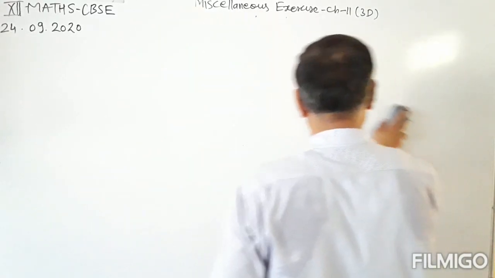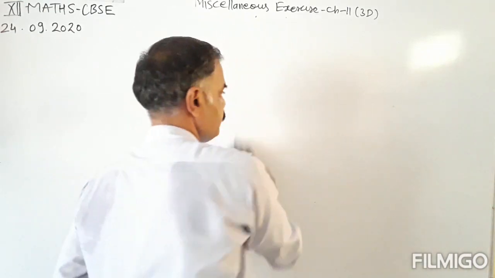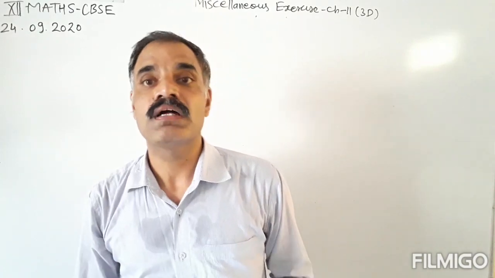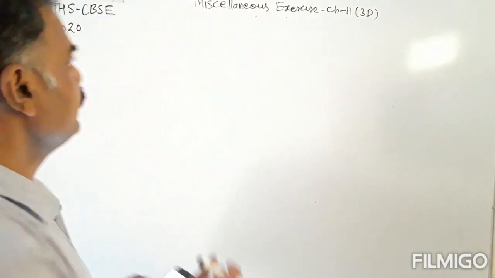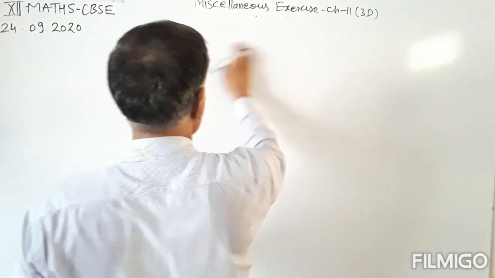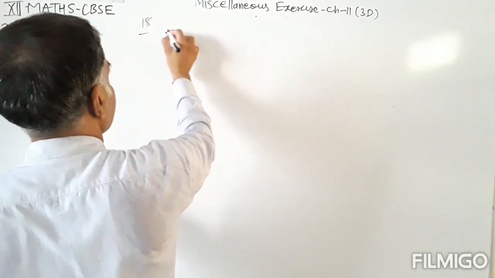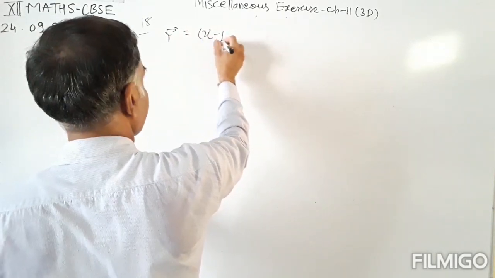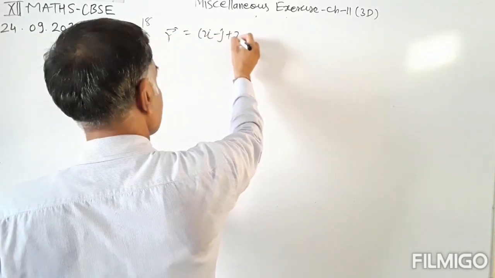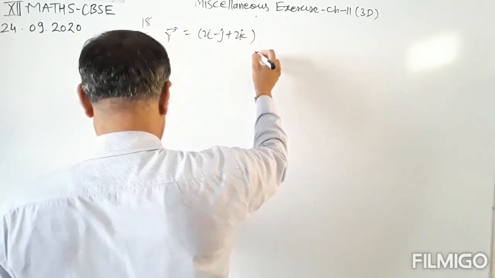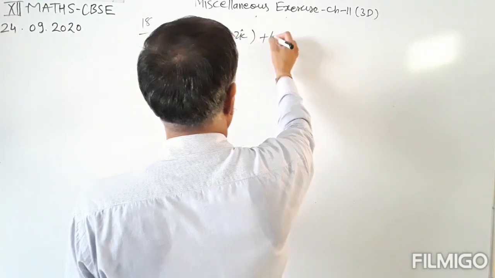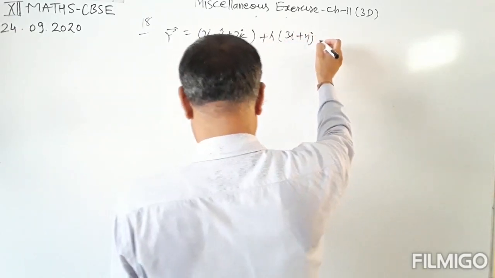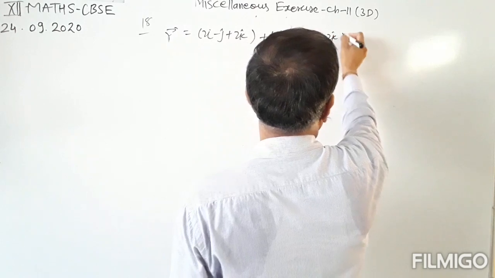First of all we will find the point of intersection of the line and the plane, and the line is given in question number 18 as r vector equals 2i cap minus j cap plus 2k cap plus lambda into (3i cap plus 4j cap plus 2k cap).